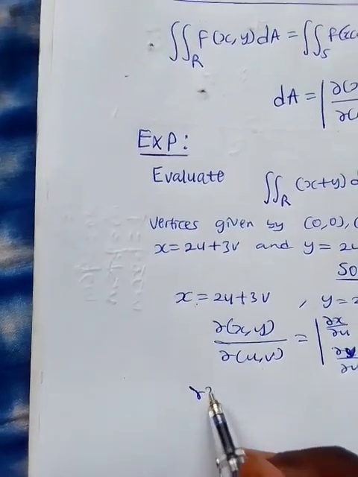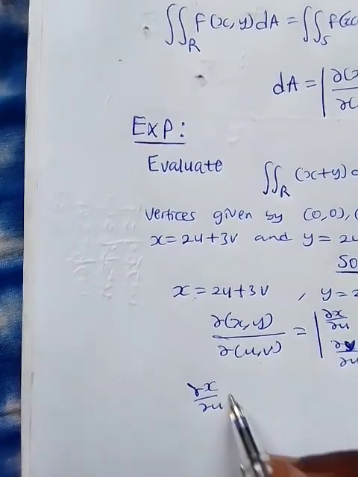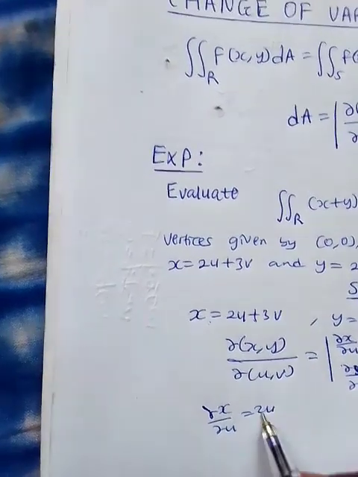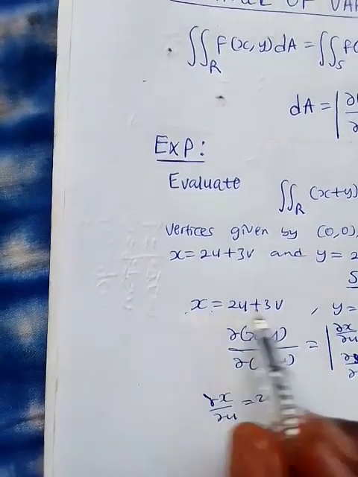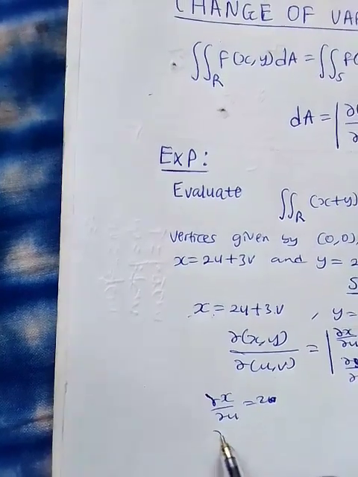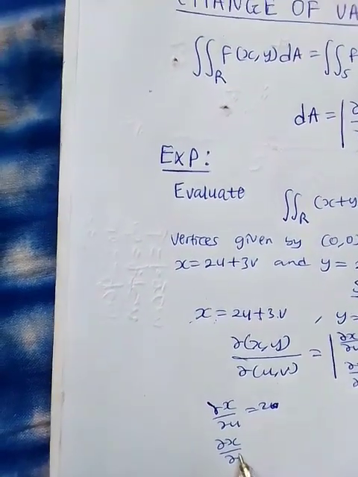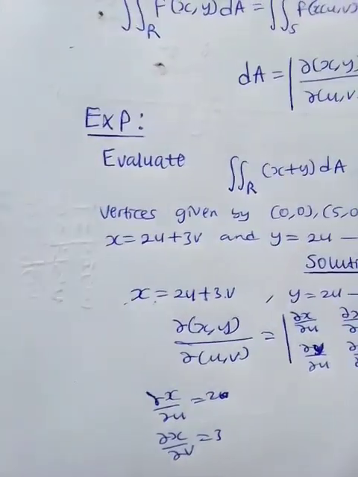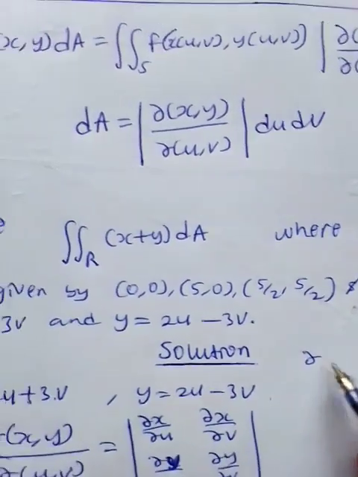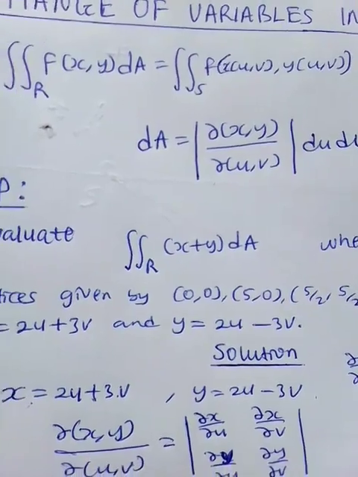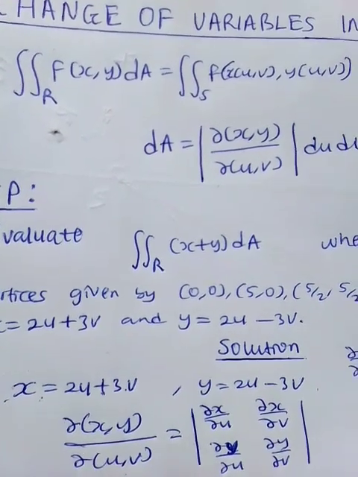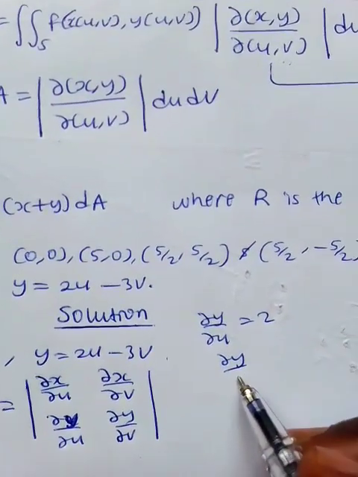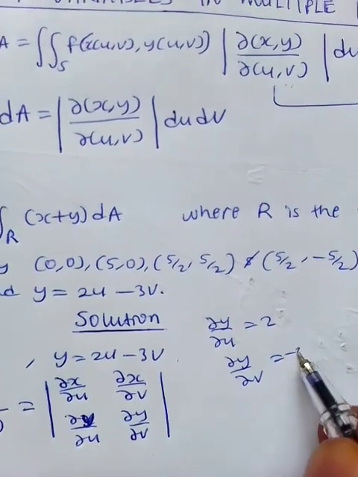We differentiate with respect to u, we're going to have 2, and we differentiate with respect to v, we're going to have 3. The same thing with y: partial y partial u is simply 2, and partial y partial v is minus 3.